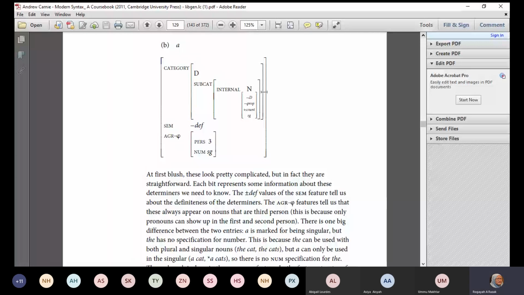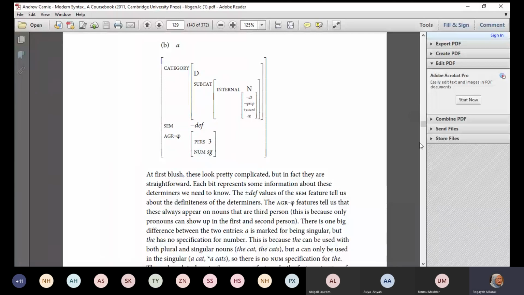For the, it is plus definite again. The agreement features tell us that these always appear on nouns that are third person and singular. For a, there's only one big difference between the two entries. A is marked for singular, but the has no specification of number.